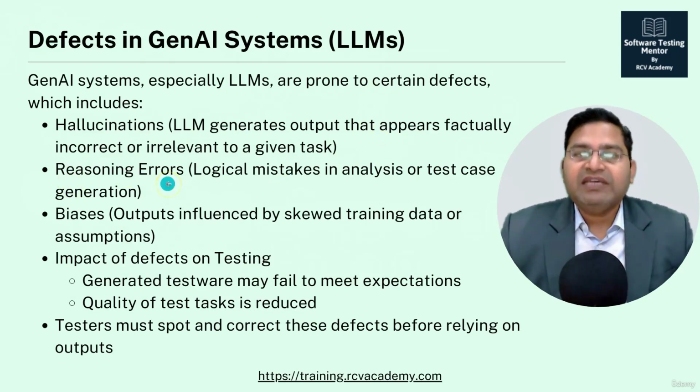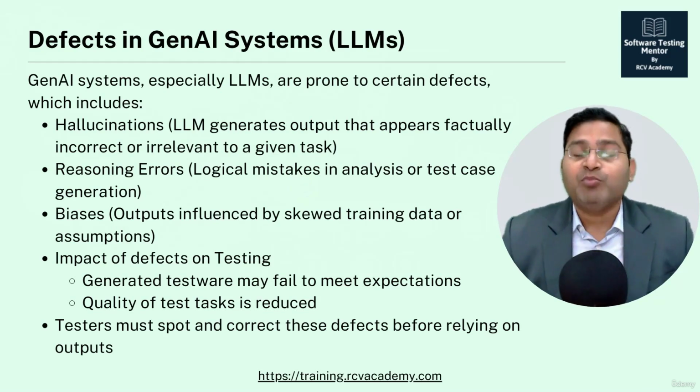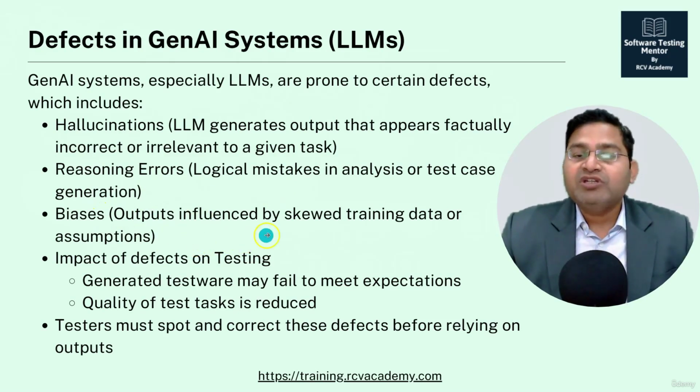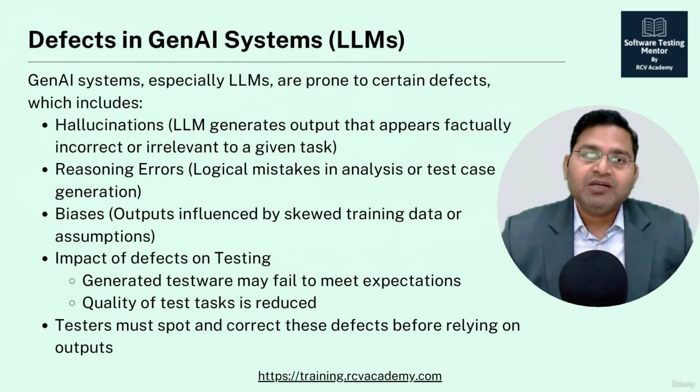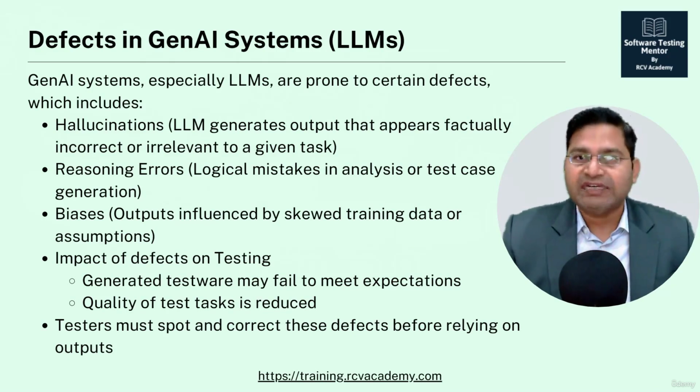Then you have reasoning errors. Logical mistakes in the analysis or test case generation are possible by the generative AI or large language model as well. Biases are there too: outputs influenced by skewed training data or assumptions. Say, for example, the model is trained on English-only data.